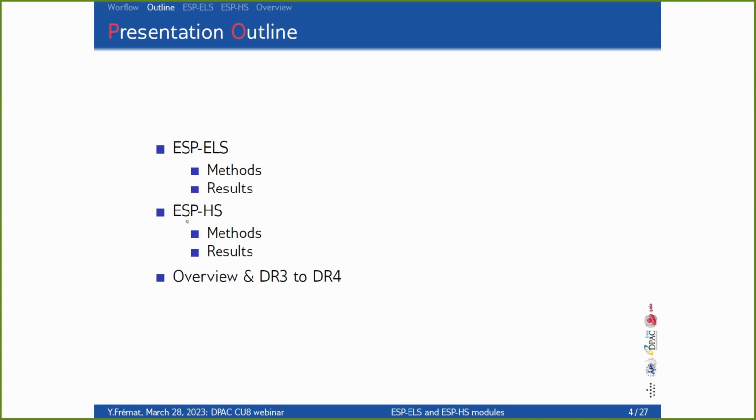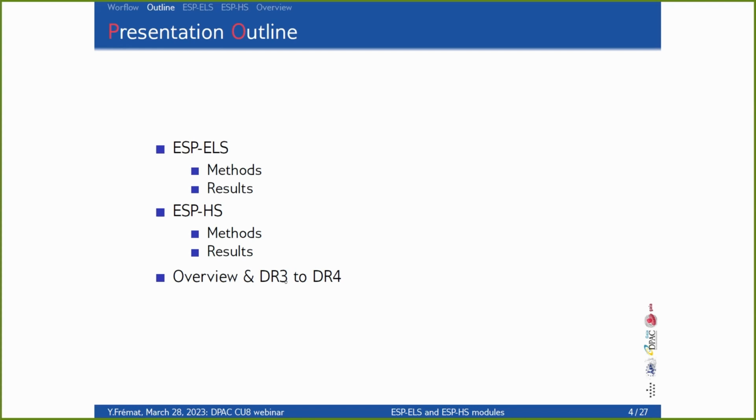Then I will proceed with the hot star module, detailing some assumptions that have been made, and also some quality assessment of the results that we obtain. The last slide provides an overview of the output of the two modules, as well as some additional features we plan to add during cycle 4 of the data processing.